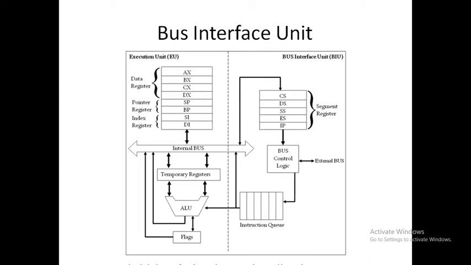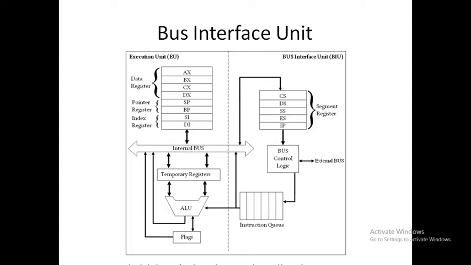So the BIU has the following parts, that is, first, the instruction queue. What is the instruction queue? We already know that it is 6 bytes. When the EU executes an instruction, the BIU gets 6 bytes of the next instructions to execute and stores them in the instruction queue, and this process is known as instruction prefetch.